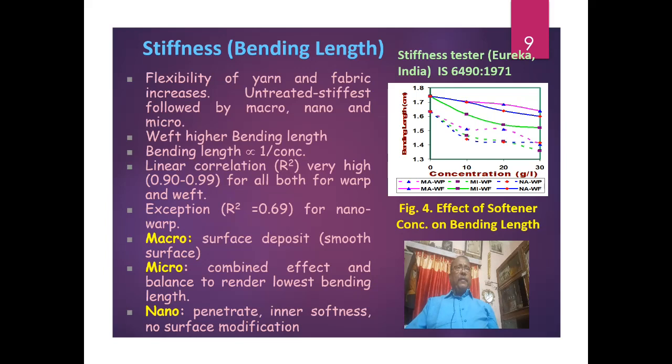Macro finished fabric has a surface deposit, so the surface is smooth. Micro is a combined effect and balance, rendering the lowest bending length, that is, more softened and more flexible. And nano penetrates inside, so there is no surface modification. So it is very similar to the unfinished fabric.